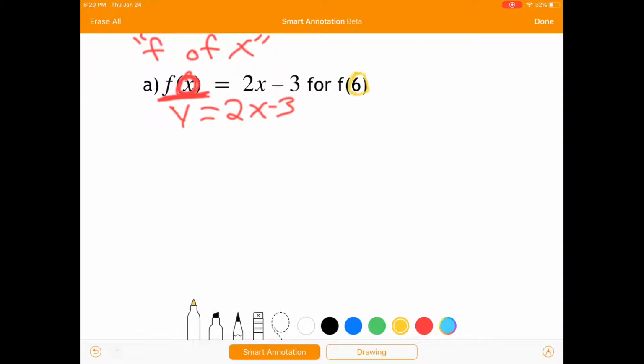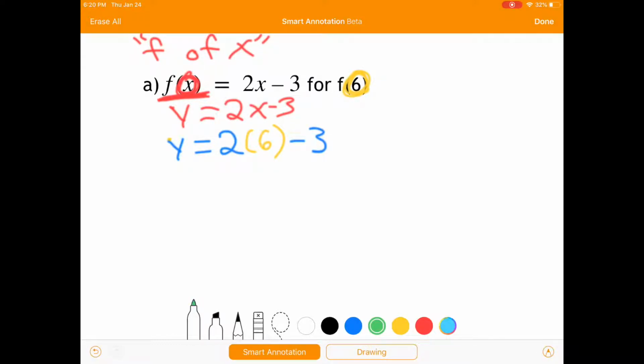So we're told to plug in 6. So we've got y equals 2, and instead of x, we're going to put 6, then still minus 3.